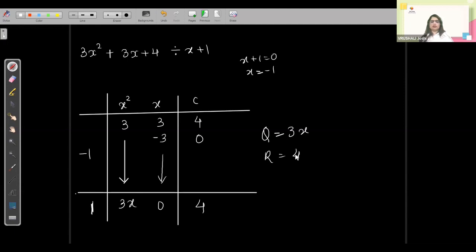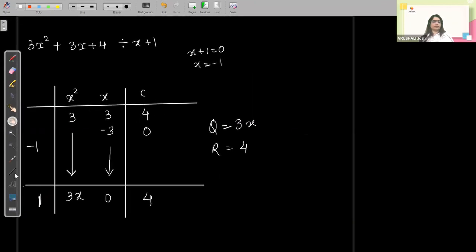Okay, let's take 12x square minus 8x minus 32.